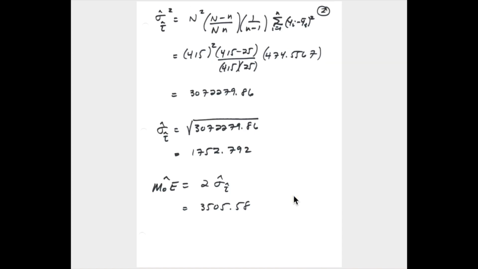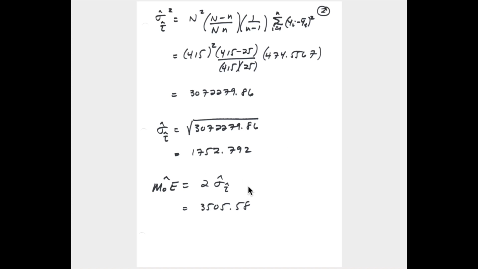We plug that into the formula, making sure we plug 474.5567 in for this whole piece, the 1 over n minus 1 times that sum. We want to make sure we don't divide by n minus 1 twice. Then the estimated variance of tau hat is 3,072,279.86.